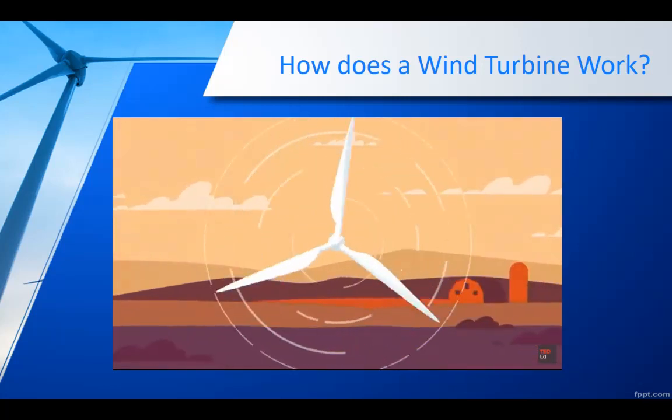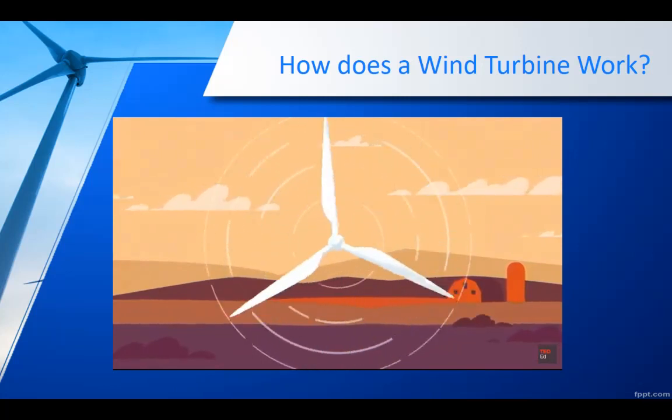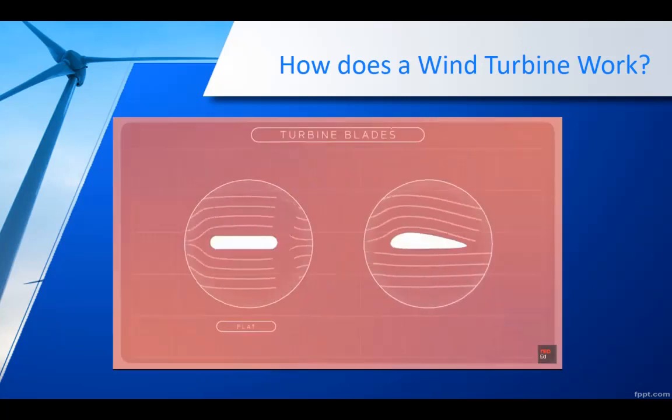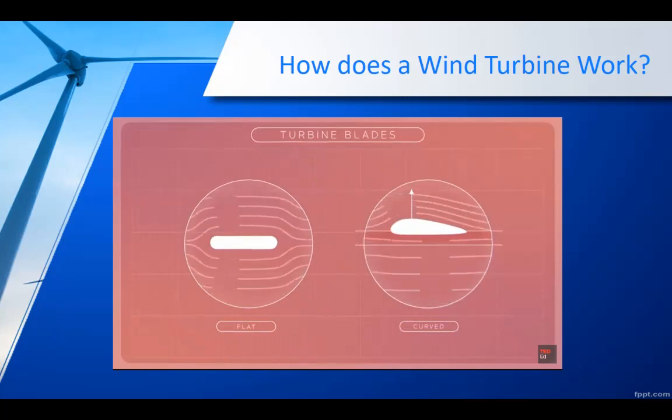Outside rotor orientation, the blades themselves need to be shaped to maximize efficiency. While early designs used flat blades, modern blades are curved like airplane wings. Wind travels faster over the curved surface, creating a low-pressure pocket above the blade that forces it upwards.